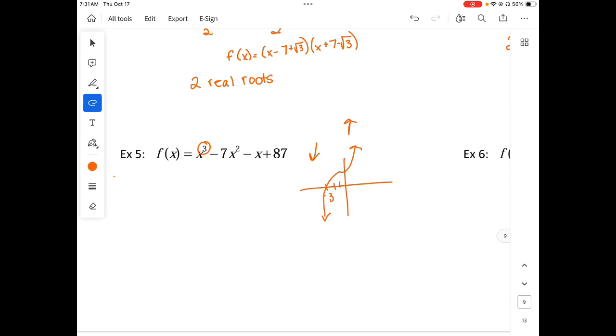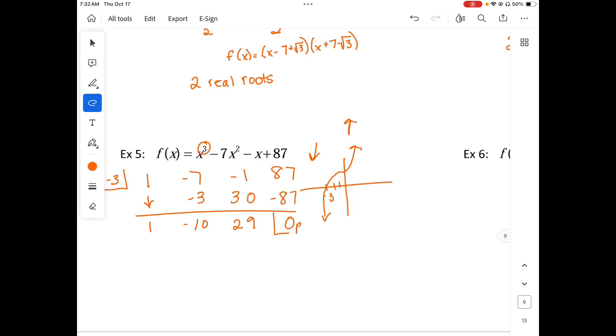All right, so we're going to do synthetic division for negative 3. Okay. Negative 3 times 29, negative 87. We get 0 as our remainder.